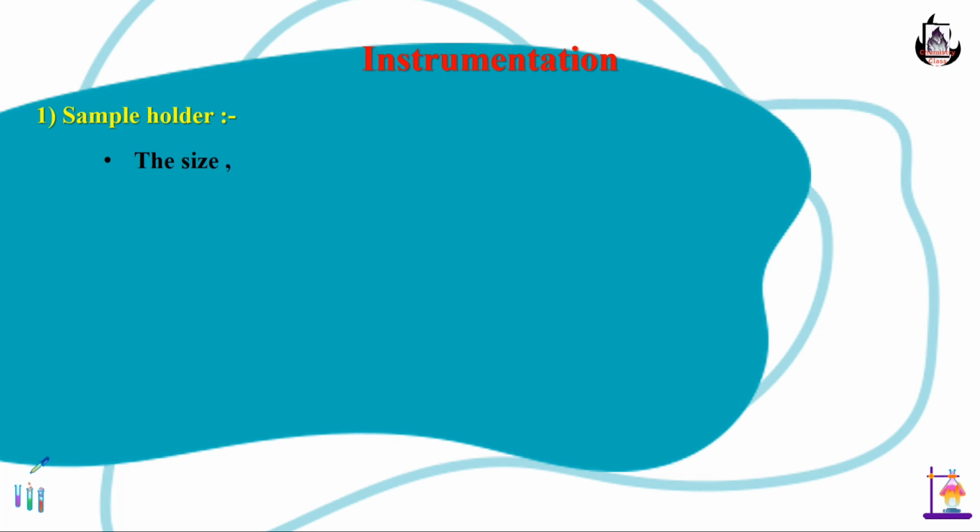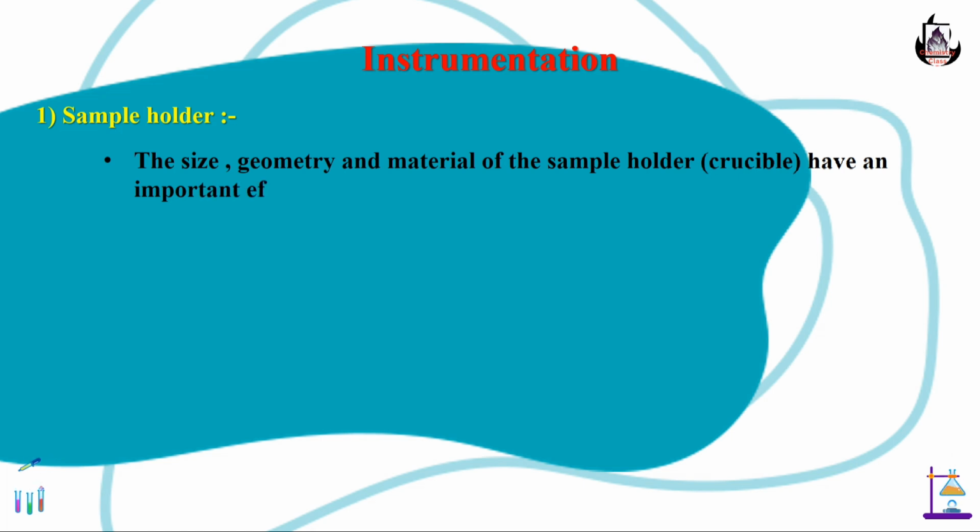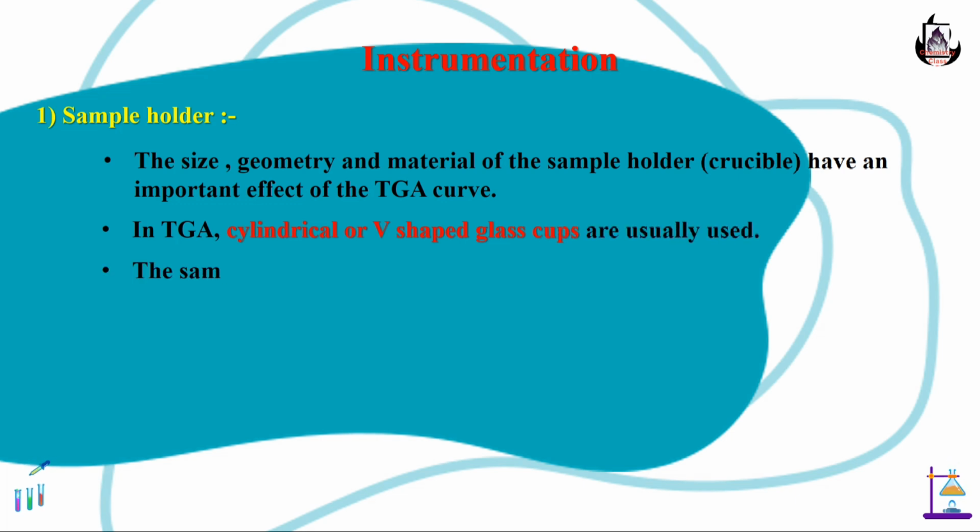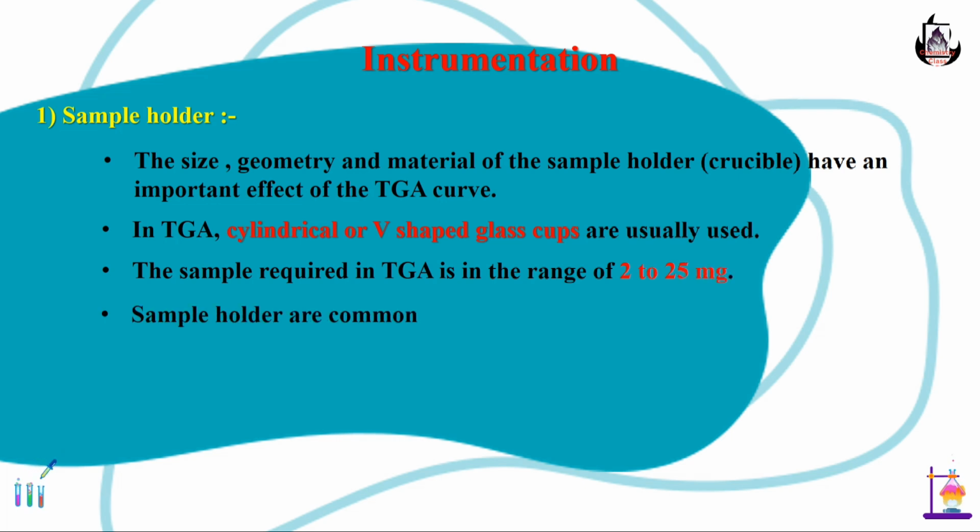Number 1. Sample holder. The size, geometry, and material of the sample holder or crucible have an important effect on the TGA curve. In TGA, cylindrical or V-shaped glass cups are used. The sample required in TGA is in the range of 2 to 25 mg.